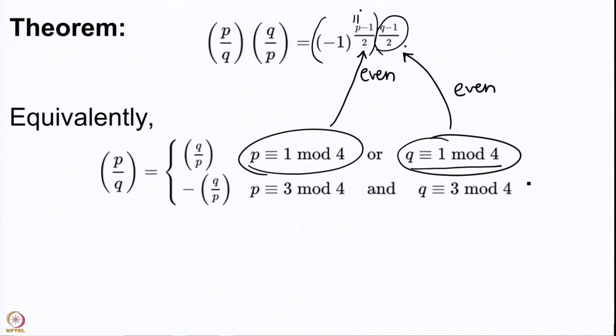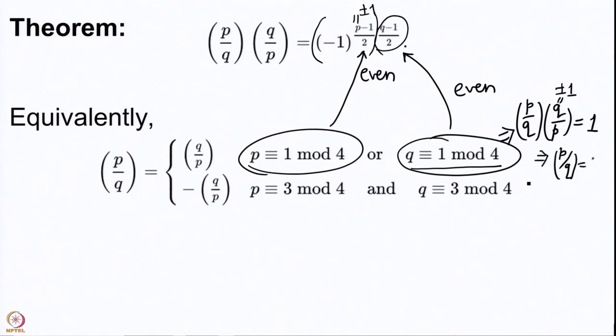This is plus or minus 1, but that to the power of an even number is always 1. Therefore, P by Q times Q by P will be equal to 1. So, the product of these two Legendre symbols is 1, but each Legendre symbol is either 1 or minus 1. So, it is its own inverse in the multiplicative sense, and therefore P by Q is Q by P.